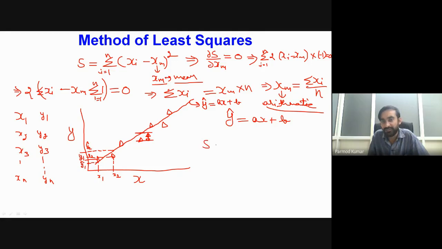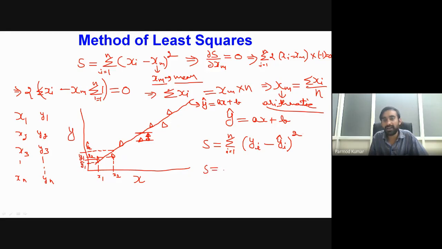So S I will define as nothing but, because we have multiple data points, in general form I can write S as summation of i varying from 1 to n of the observed data, which we represent with the y symbol, minus the data we get from the fit. From the fit we get data as y cap i. Okay, so the square of this.